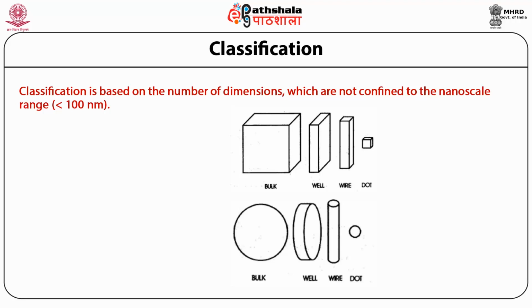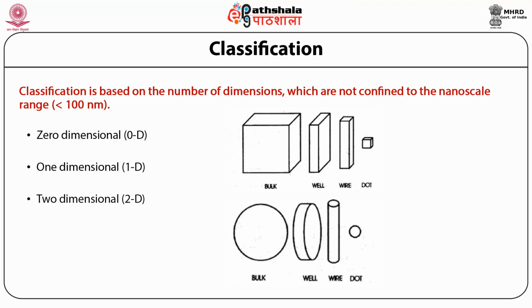Based on the size and dimensionality, the nanomaterials can be classified into 4 parts. The first one is zero-dimensional nanostructure. The second one is one-dimensional nanostructure, 1D. The third one is two-dimensional nanostructure, 2D.